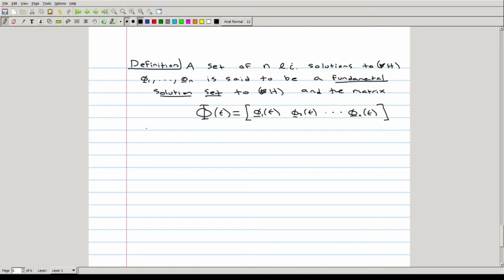This matrix is called the fundamental solutions matrix, or the fundamental matrix.